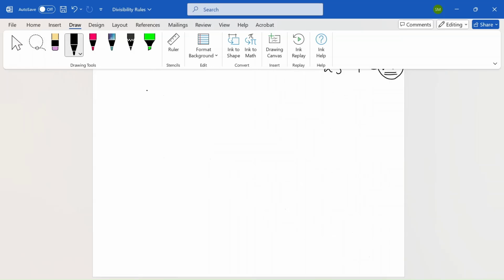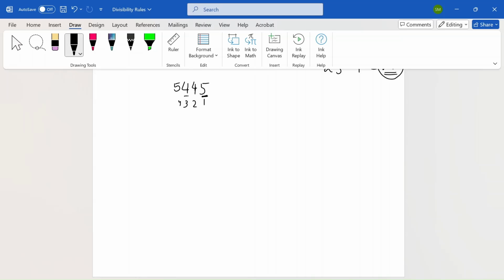Right, so let us take another example to check the divisibility of 11. Let us take a number 5445. So what are the odd places? 1, 2, 3, 4. So 1 and 3 are the odd places.